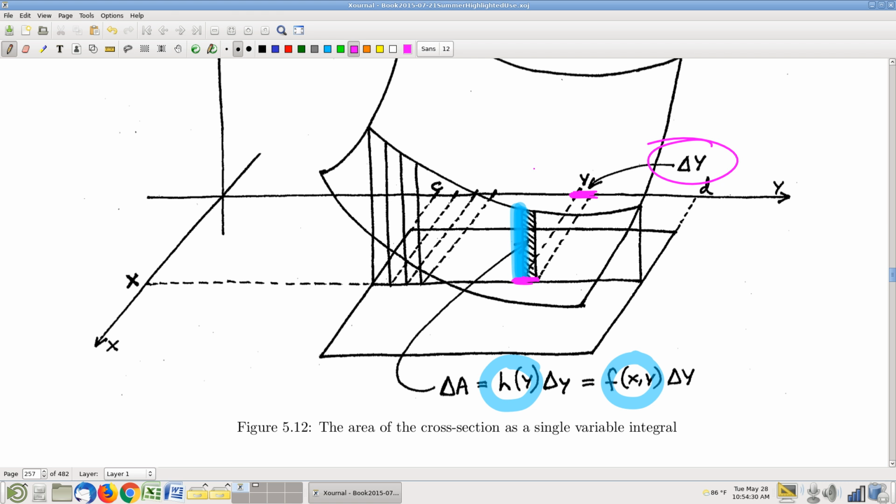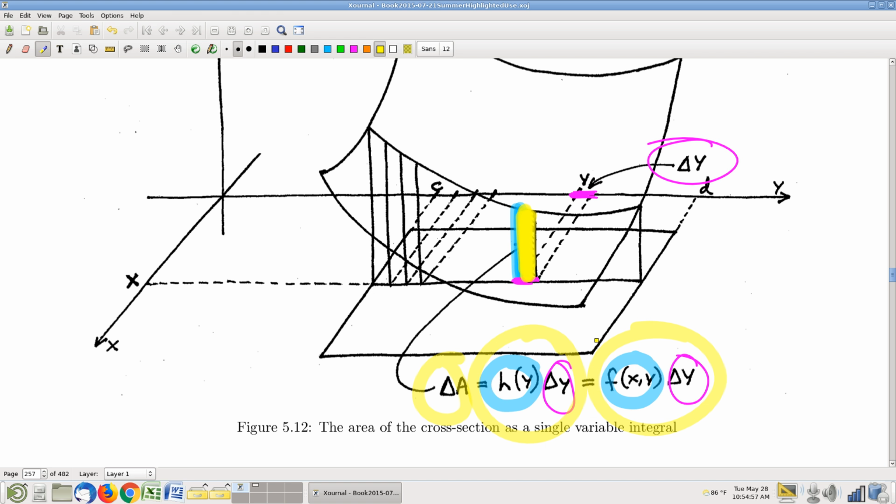It's delta y, literally. And the area then is f of x comma y times delta y. I'm going to take a pause on this for a moment as well. Everybody on board?